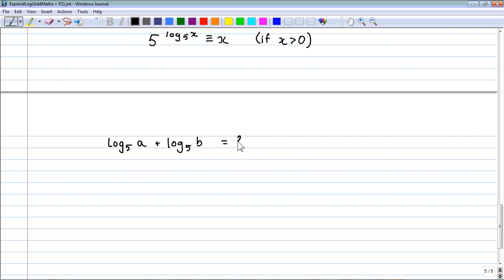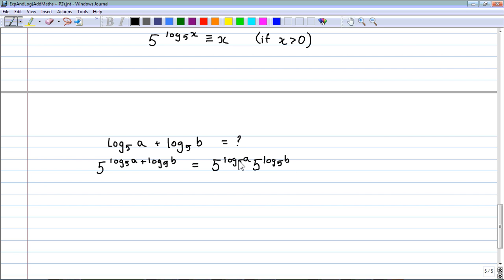Well, 5 to this whole left-hand side, log base 5 of a plus log base 5 of b, must be equal, because of the way exponents work, to 5 to the log base 5 of a, times 5 to the log base 5 of b.